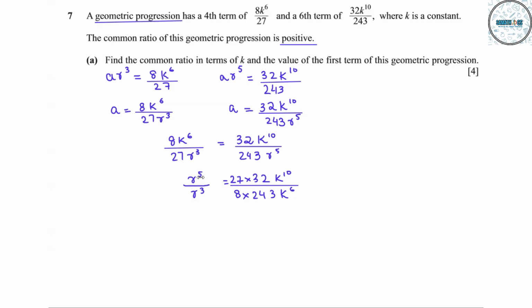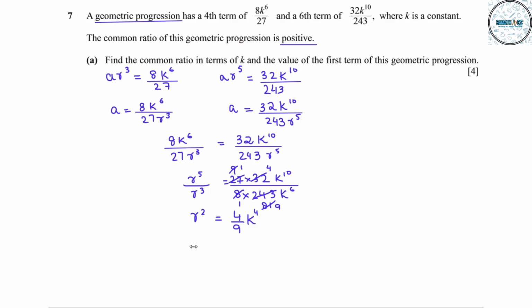So r power 5 and r power 3, when solved, r square is equal to, we can cancel out this, 8 ones are 8 and 8 fours are 32. Then 3 8s are 24, 3 ones are 3, 3 9s are 27, and 9 ones are 9, and 9 9s are 81. So we have here 4 upon 9, k power 10 minus 6 will be k power 4.